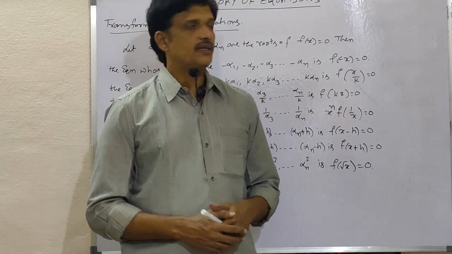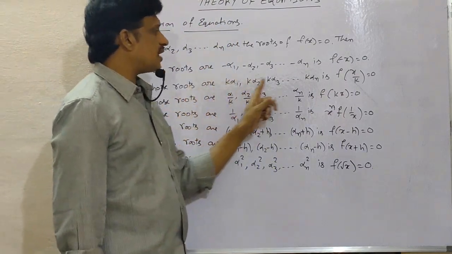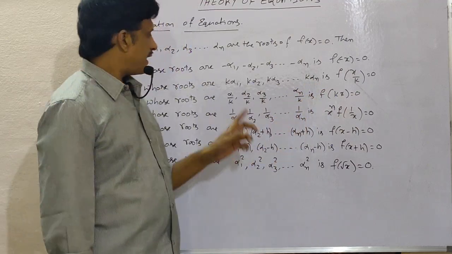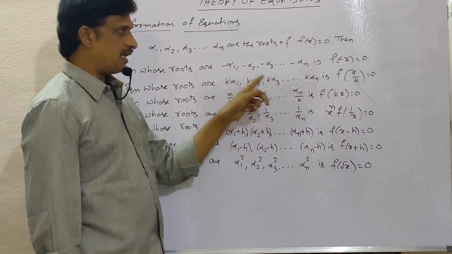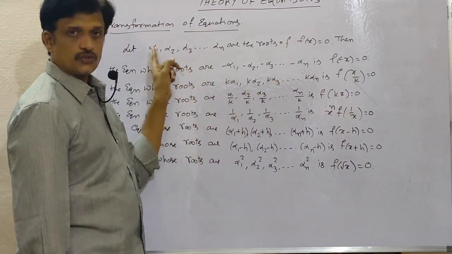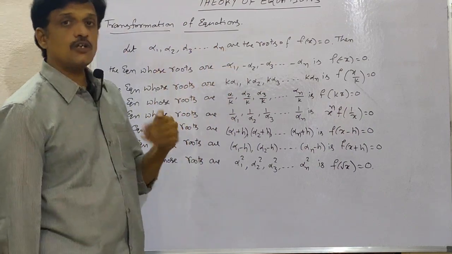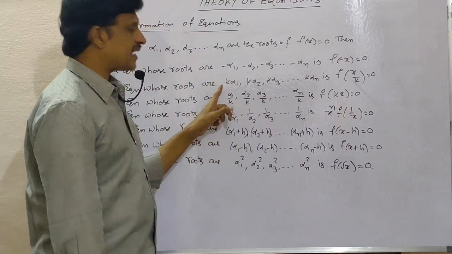It is very simple. And now, whose roots are k times the roots of the given equation, where k is any non-zero value. These are the original roots, which are the roots of f of x equal to 0. Now the roots are 2 times, 3 times, 5 times, like this, k times.